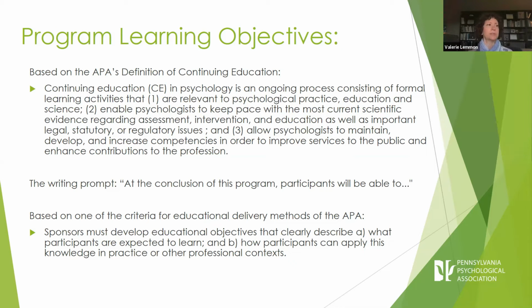That's why earlier when Judy was suggesting that when you're including your references on your proposal form, certainly we can refer back to something that might be from a classic piece of the psychological literature, but we want to make sure that we're really focused on current practice and science related to assessment, intervention, and education, so that psychologists are able to maintain their competence, develop, because we want to make sure that we are doing the best work that we can as we're serving the public and presenting our profession at as aspirational a level as we possibly can.